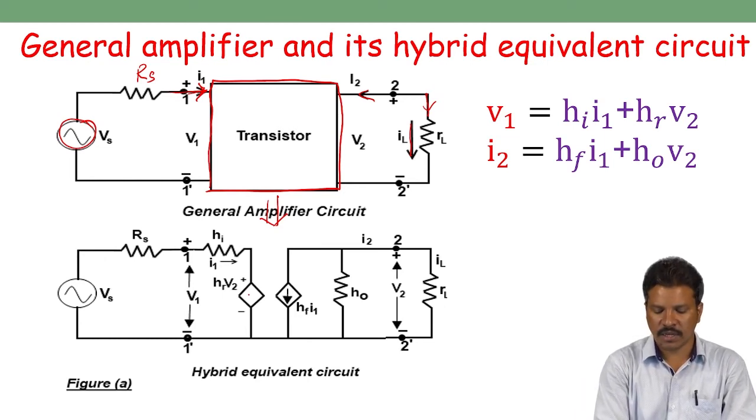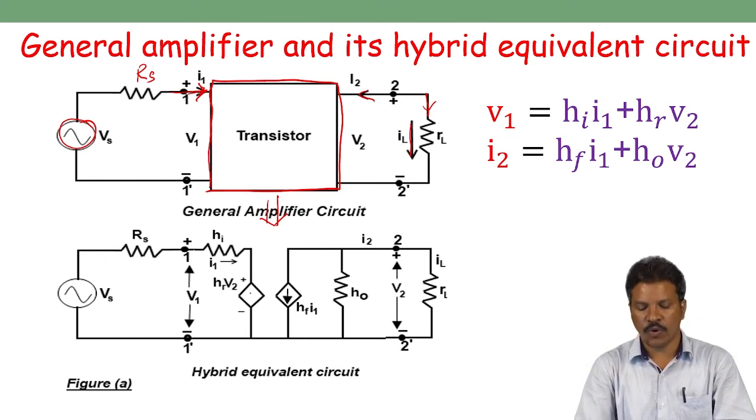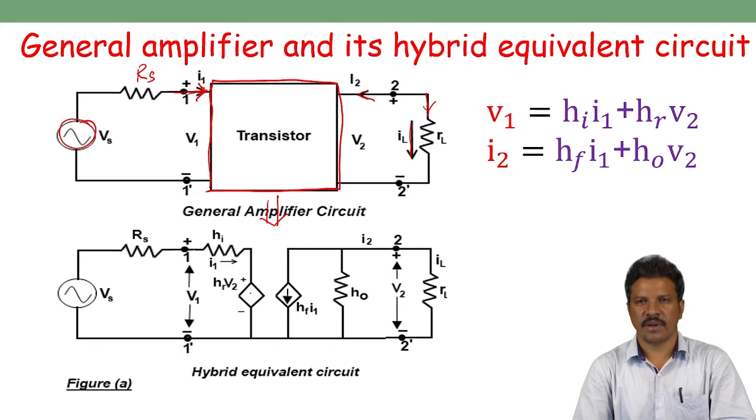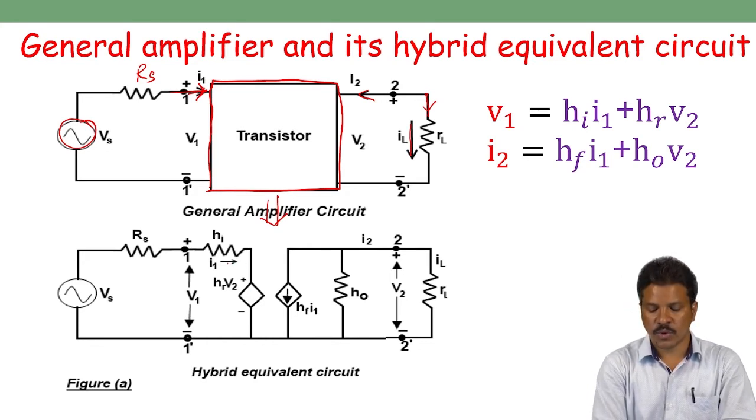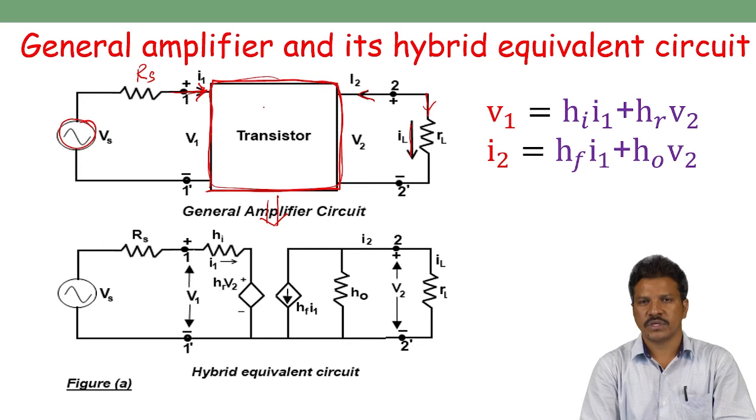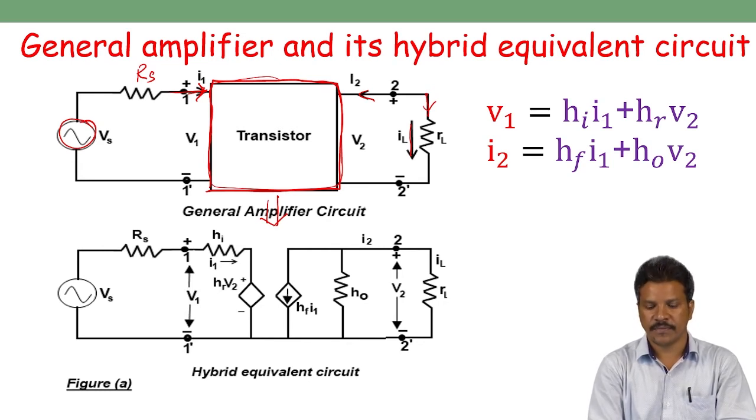In the previous lecture, I explained how to draw the hybrid model for a transistor connected in either common emitter, common base, or common collector. The transistor hybrid model has two circuits: the input Kirchhoff voltage law circuit and the output Kirchhoff current law circuit.